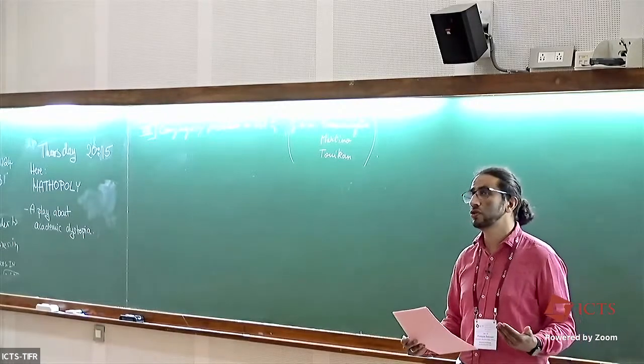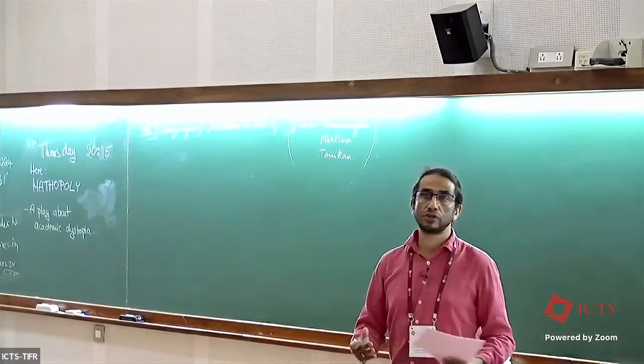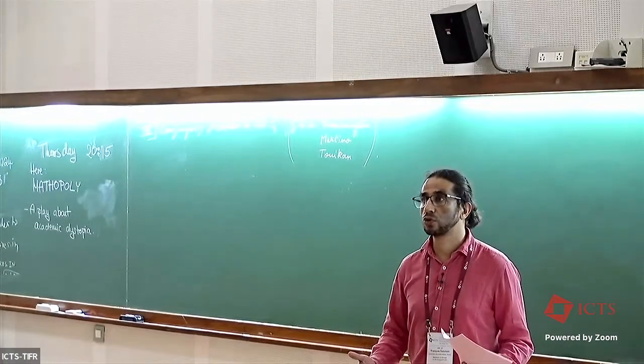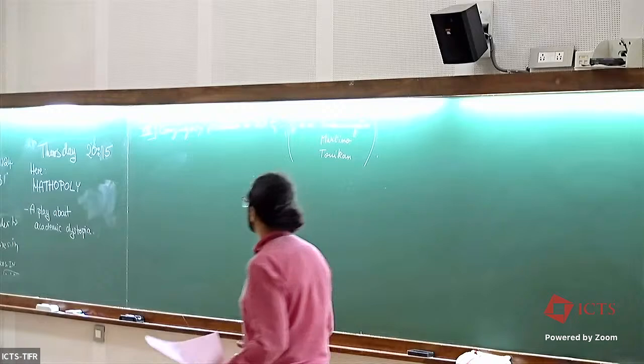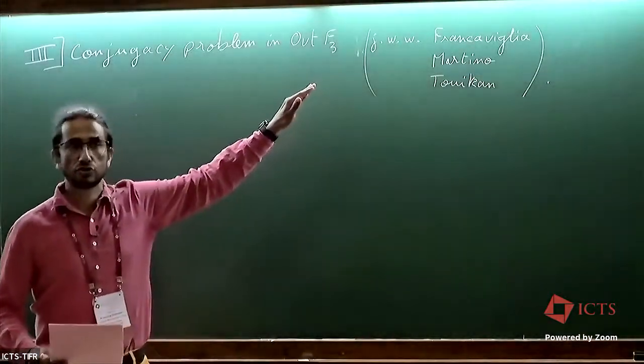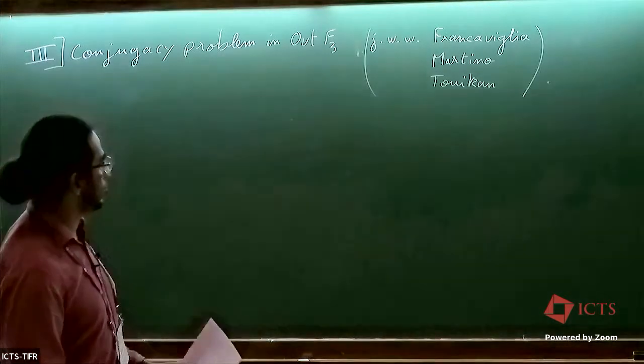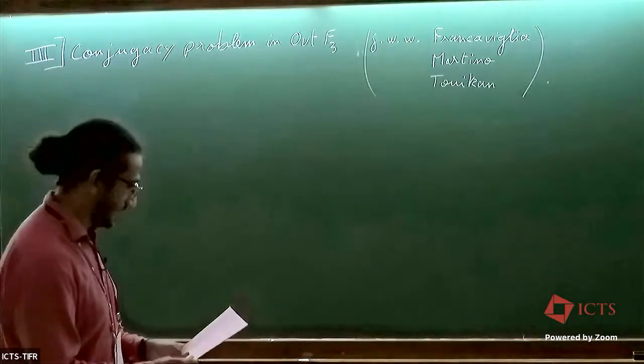And for the moment, we didn't really use any consideration of the rank of the free group being low. And so here, what I mean by low is less than 3. So this is a joint work with Stefano Francaviglia, Armando Martino, and Nicolas Touikan.